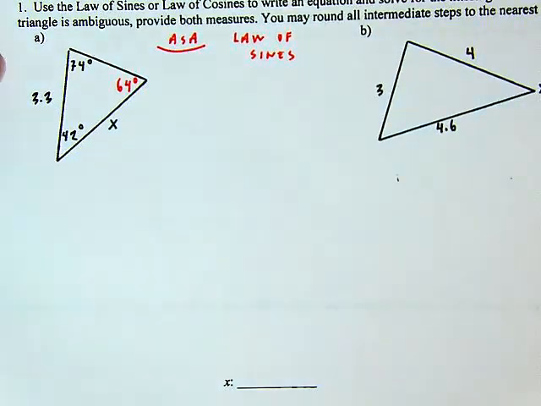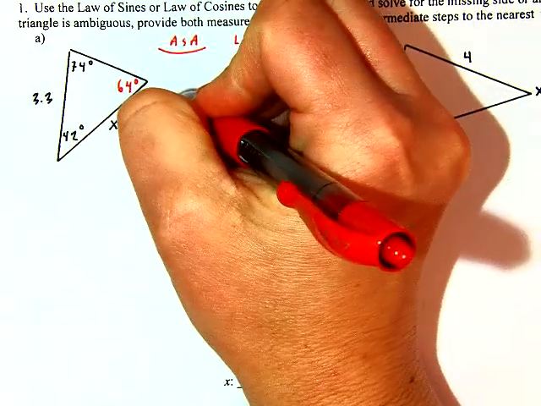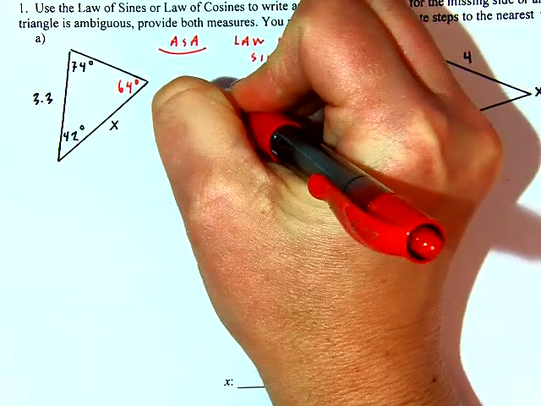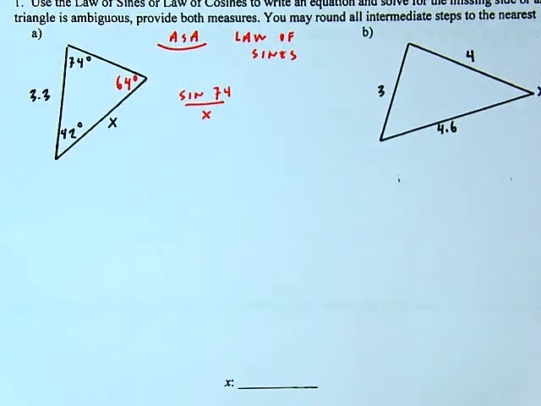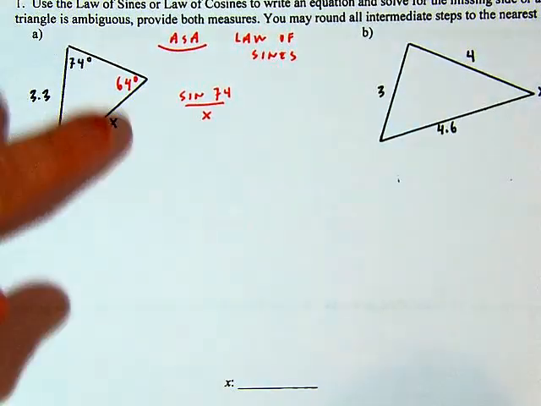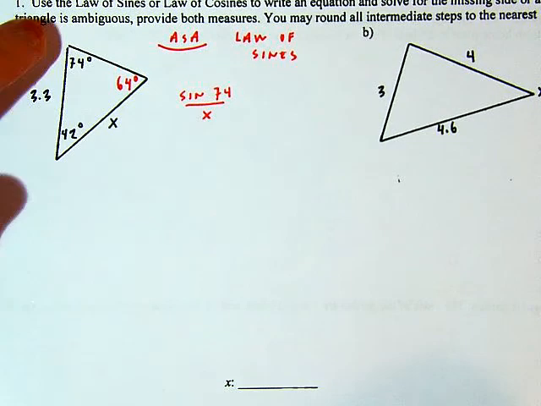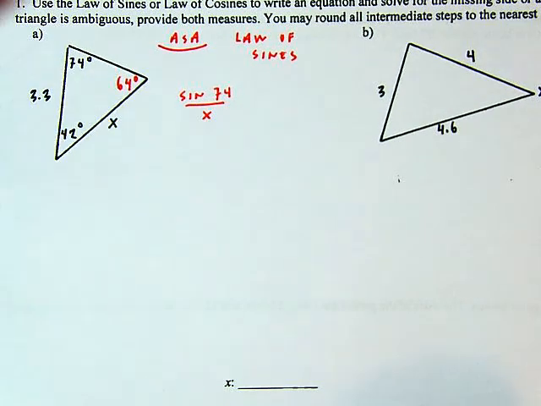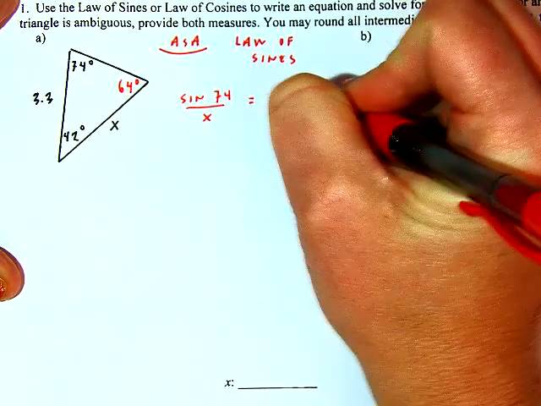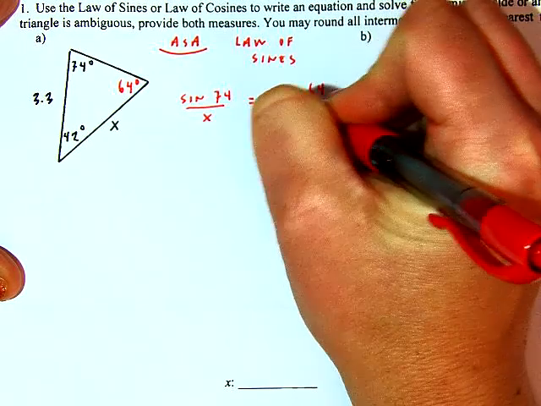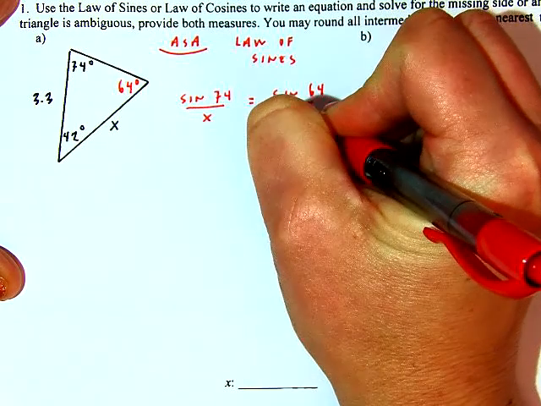And when I build my proportion, I can say that sine 74 is to x. I'm always looking at the angle and then the side opposite. So sine 74 is to x, just as sine 64 is to 3.3.